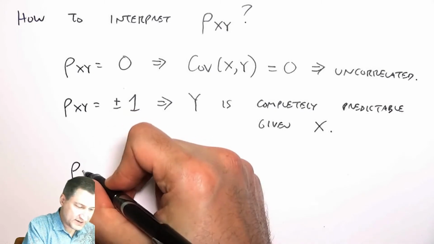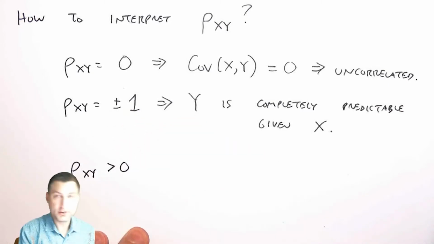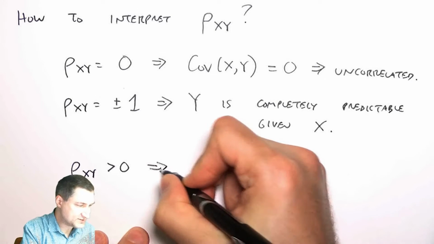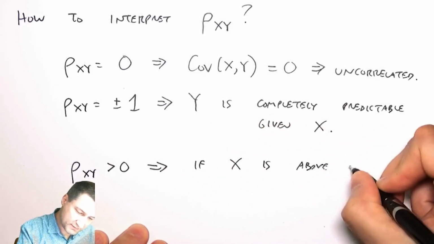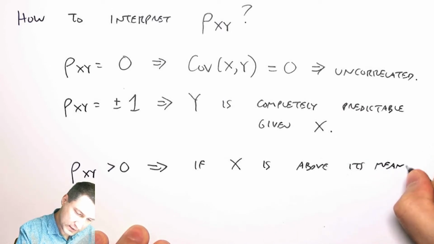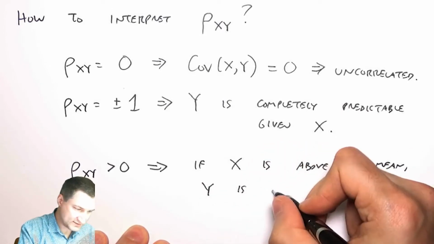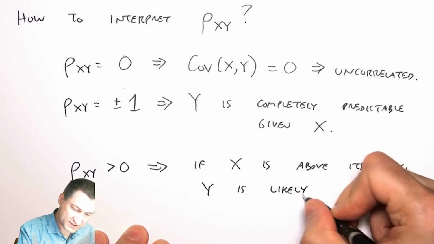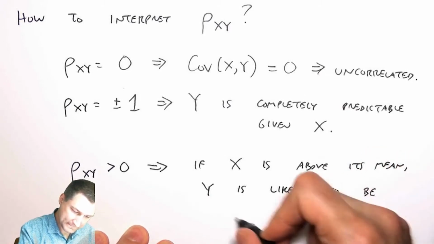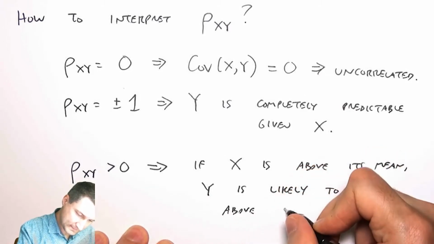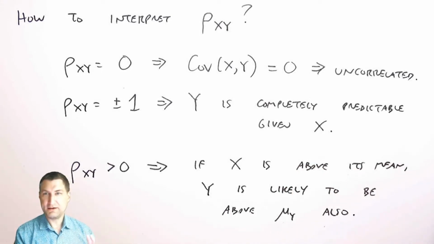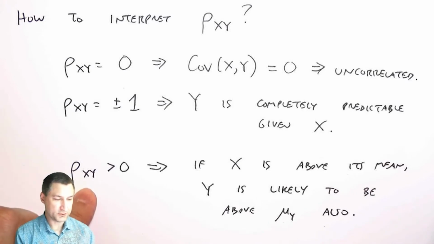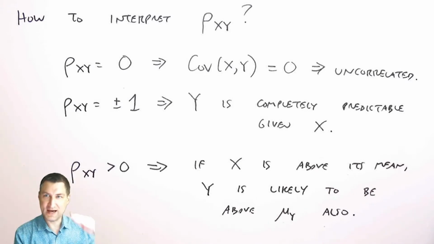If I'm somewhere in the middle, for example, if I have a positive correlation coefficient, what that means is that if x is above its mean, then y is likely to be above its mean also. And conversely, if the correlation coefficient is less than 0, that means that if x is above its mean, y is likely to be below its mean.